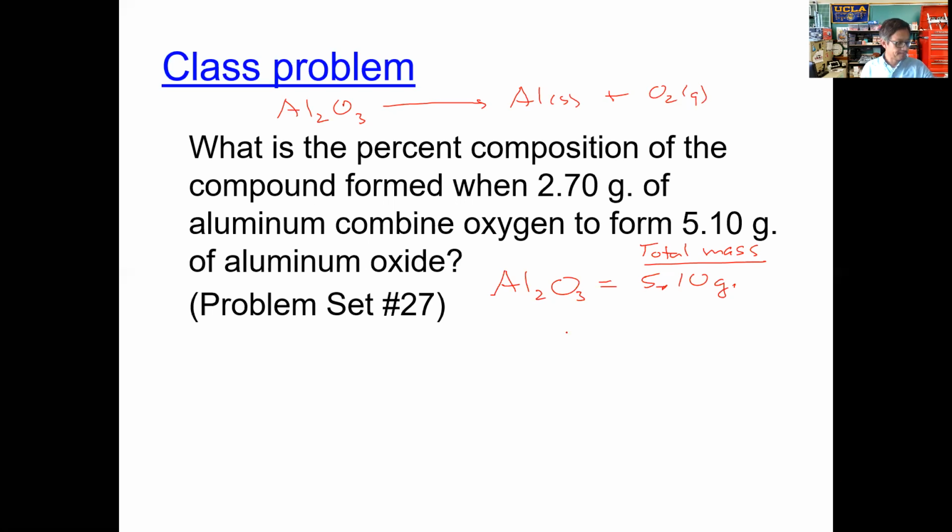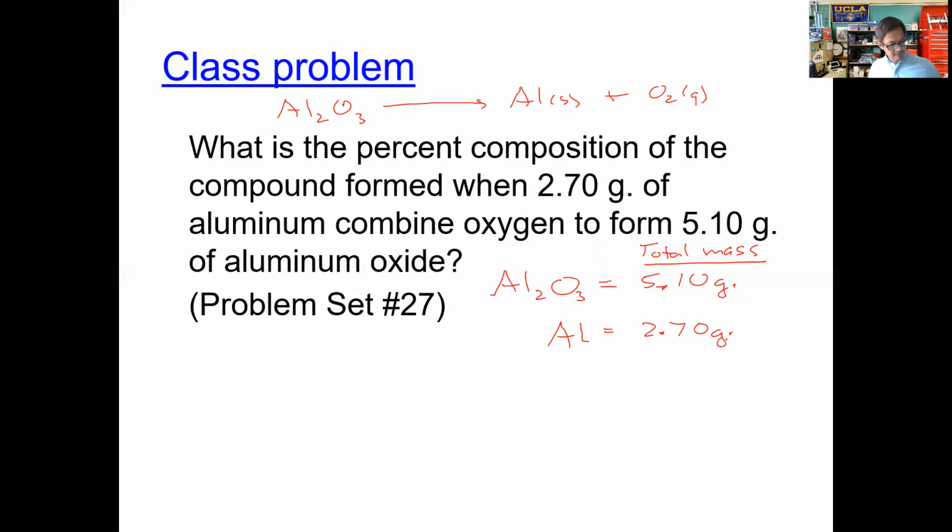When we break it down, we are told that the total mass of aluminum that we get is 2.70 grams. That's the total mass of aluminum in this particular compound.